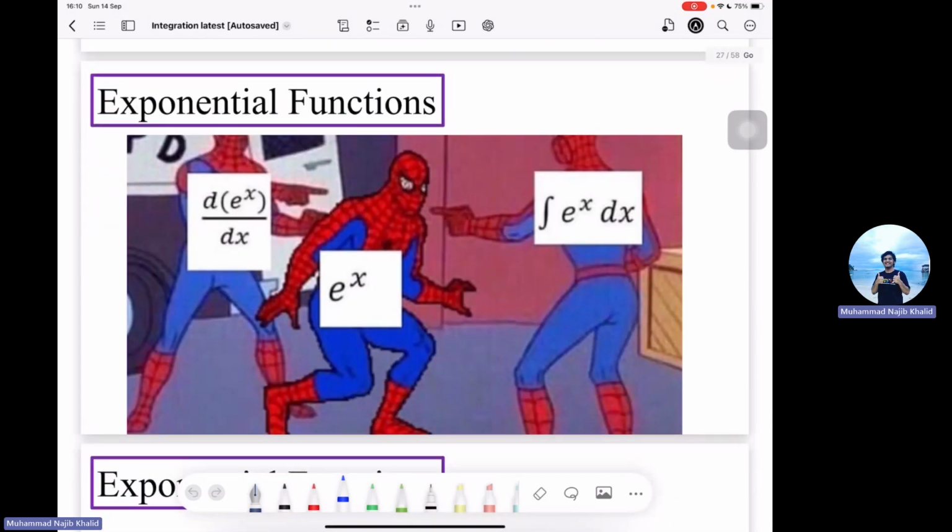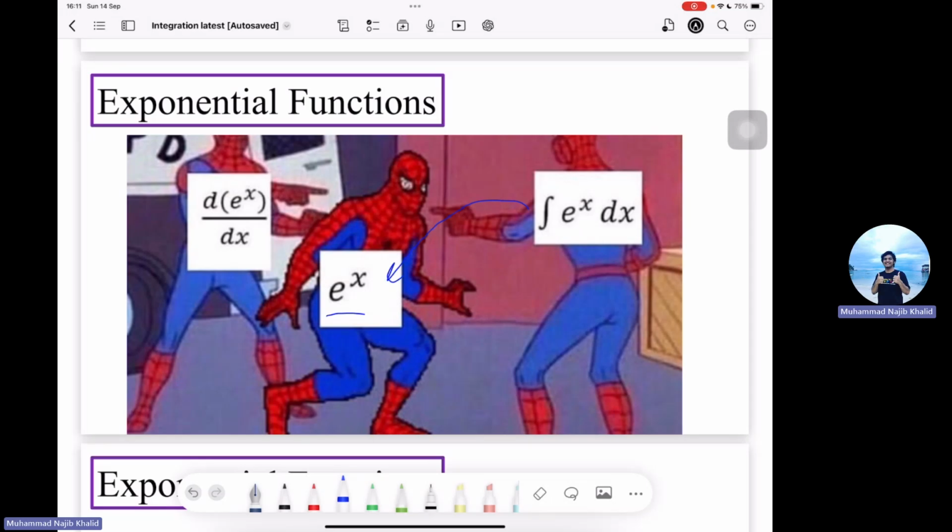We have learned in chapter 1 that the differentiation, or gradient, of e^x will give us the same answer, e^x. Same with the integration of e^x, we will get back the same answer, e^x.